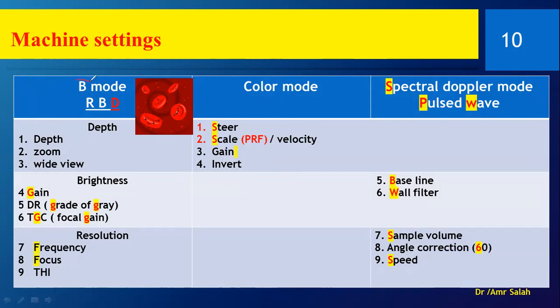Now, first we have the B mode, as we said, the basic ultrasound picture. In the B mode, we're going to discuss 9 points. Then the color mode, we'll discuss 4 points, and then the pulse wave, 5 points. All in all, we have here 18 points.